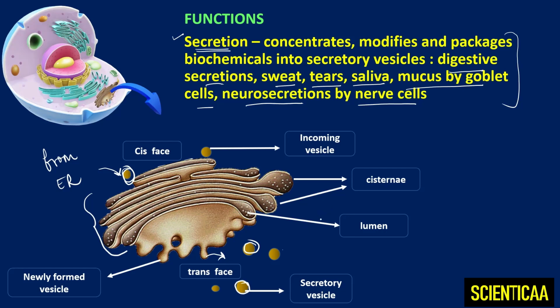We can have slime and gums and waxes from the plants as well. So all these substances that we have talked about are secretions from the Golgi apparatus. So these were the major functions of the Golgi apparatus.